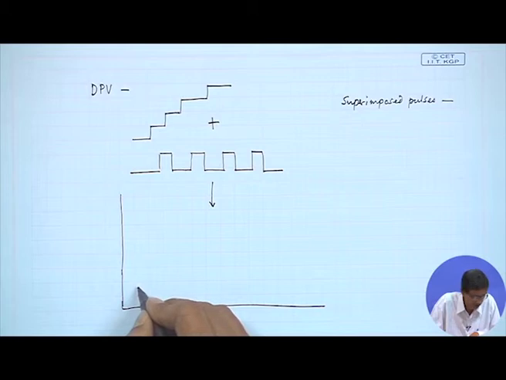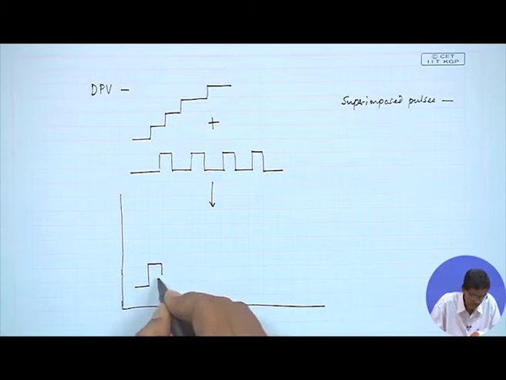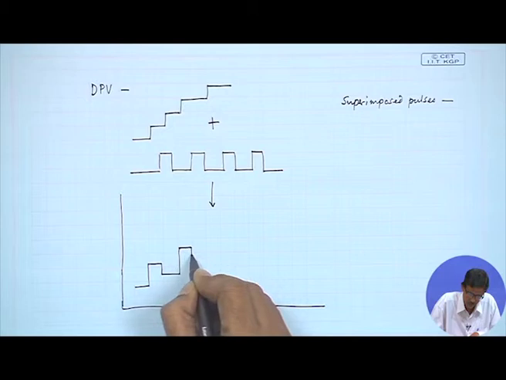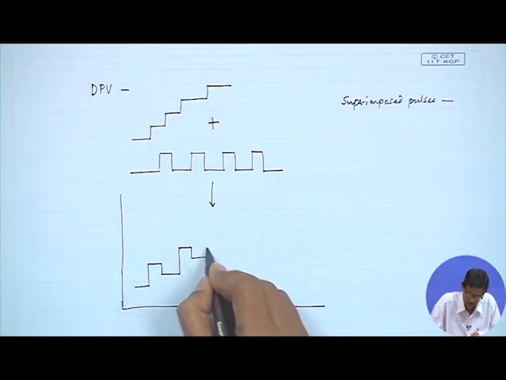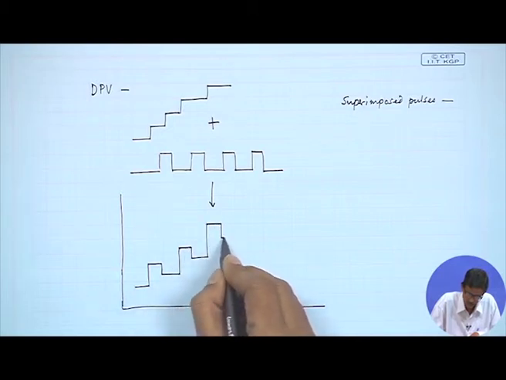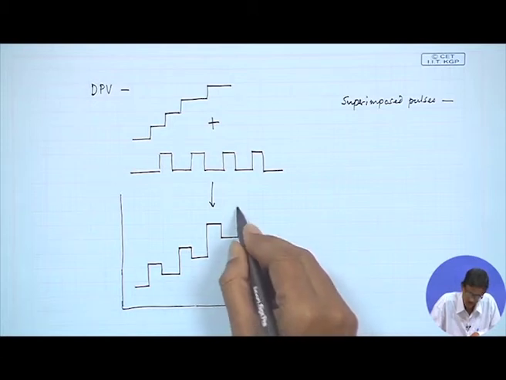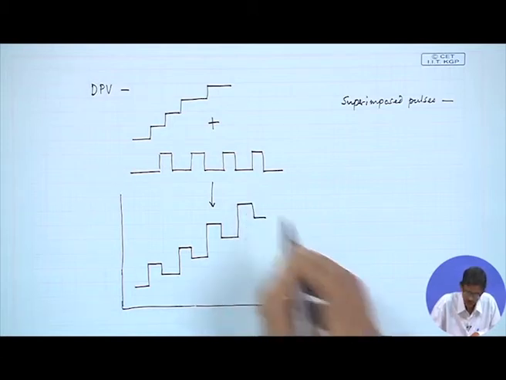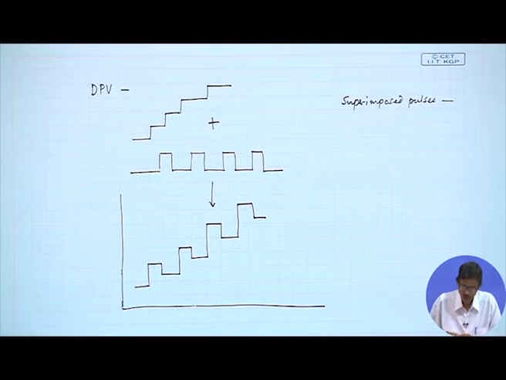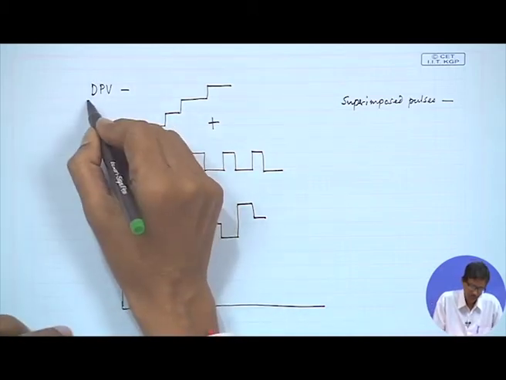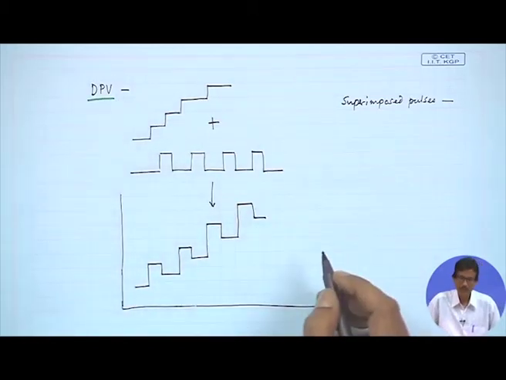What we get now is very important and interesting also. You get this and you come back, and you get this, and this goes up, and this. So, this is the waveform. We should know the shape and nature of the waveform, particularly for differential pulse voltammetric measurements.